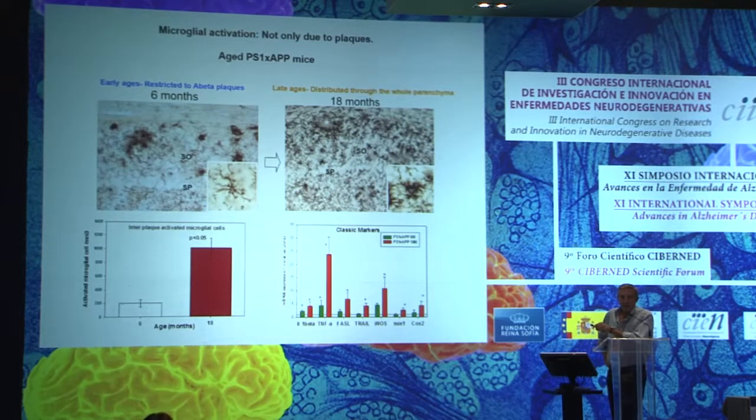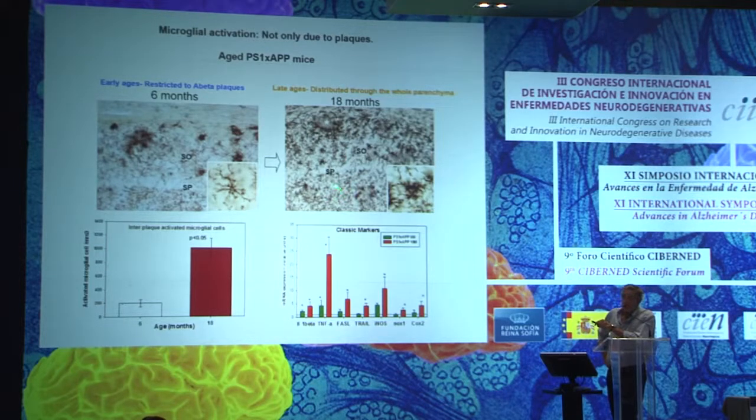The scenario changes a little bit when the models age, in the sense that at early ages, like 6 months or 12 months of age, the microglial activation is restricted to the A-beta deposition. However, when the models become older, like 18 months old, we can observe a generalized microglial activation, not only restricted to A-beta plaques, but in the whole parenchyma of the hippocampal formation.